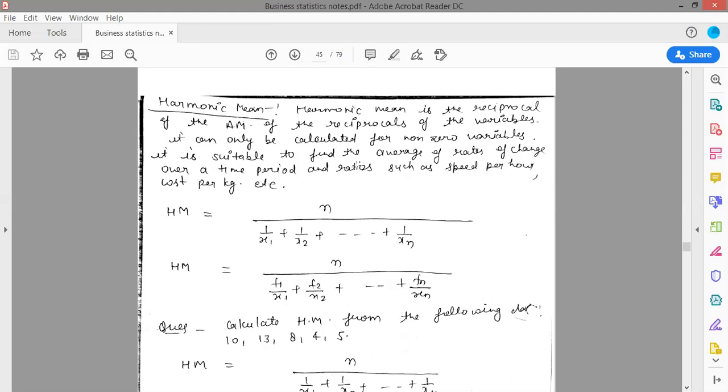It can only be calculated for non-zero variables. So there is a point here, non-zero variable, and in geometric mean there is also a non-zero variable. So just remember these 2 points, that in geometric mean and in harmonic mean the variable must be non-zero.